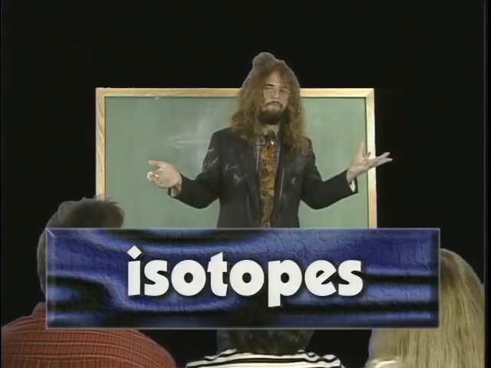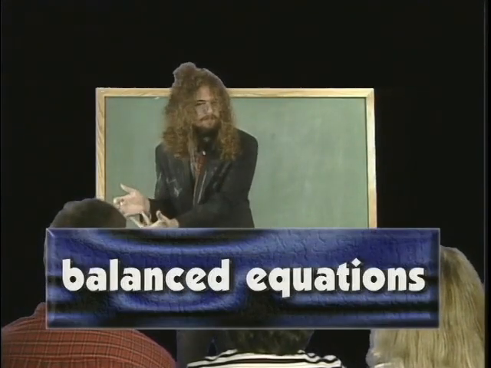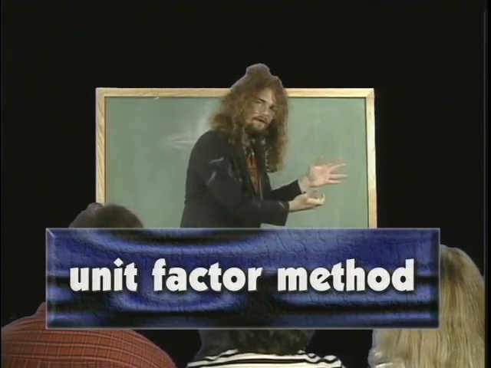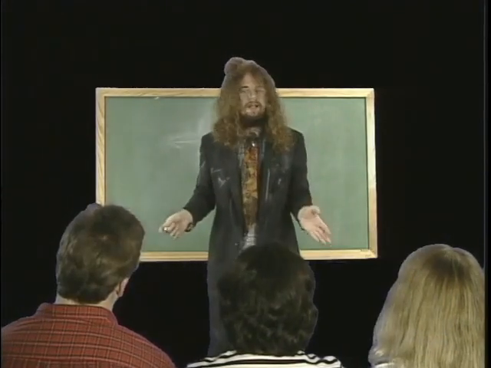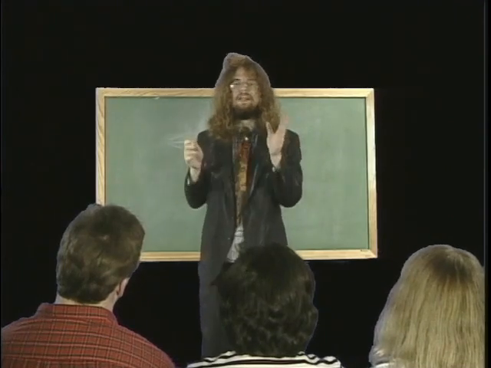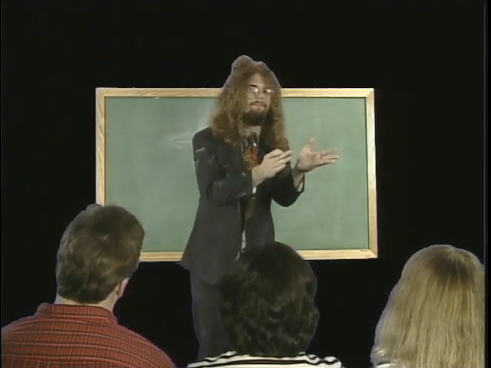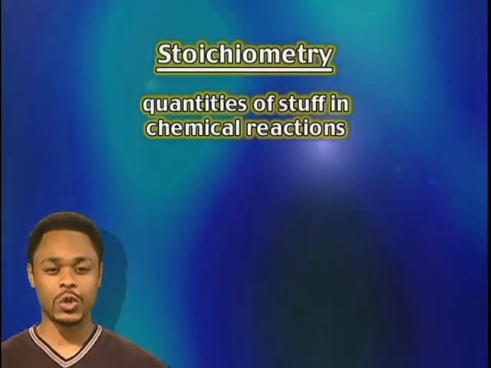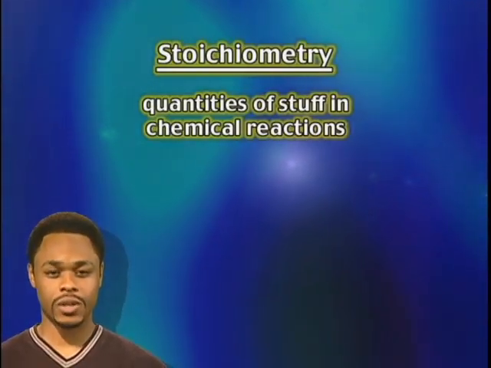AMUs and isotopes, balanced equations, and the unit factor method are all the things you'll need to understand later when the calculations and the concepts get a little harder. Stoichiometry deals with the quantities of stuff in chemical reactions.